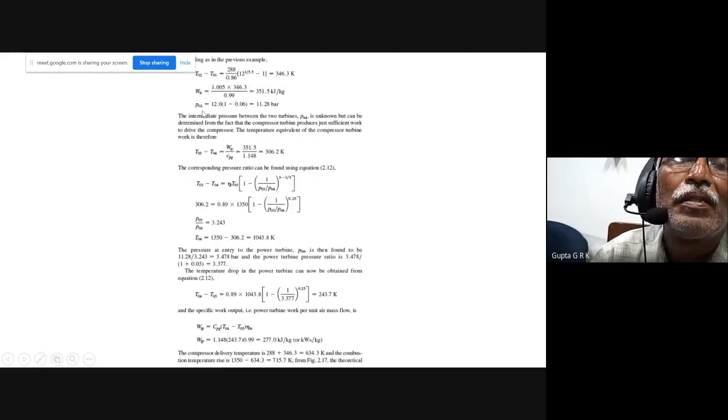So I got T03 minus T04, and from this expression I can get P03 by P04. So I can get T04 and P04. And P05 is 1.01 plus 0.03, and I can get the second turbine pressure ratio.